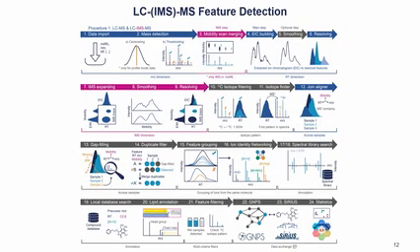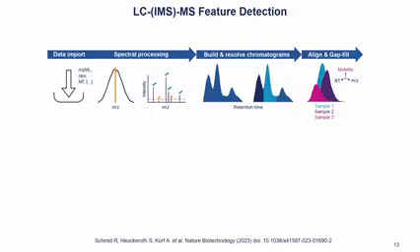And I think what I want to focus on here is just the topics that are relevant to ion mobility. So we can focus on the basics of the feature detection. And that means first you have to load your data in. You have to pre-process your spectra, that means detect the individual ions, remove noise, and so on.